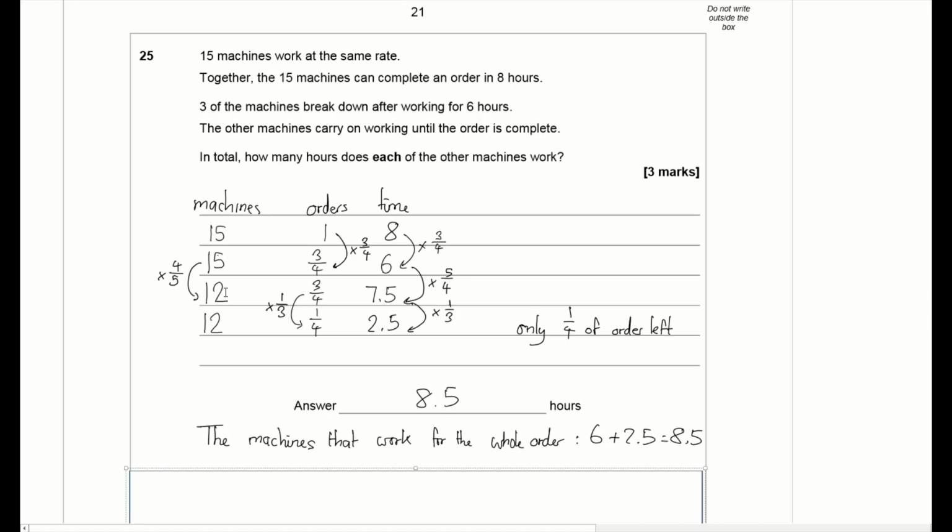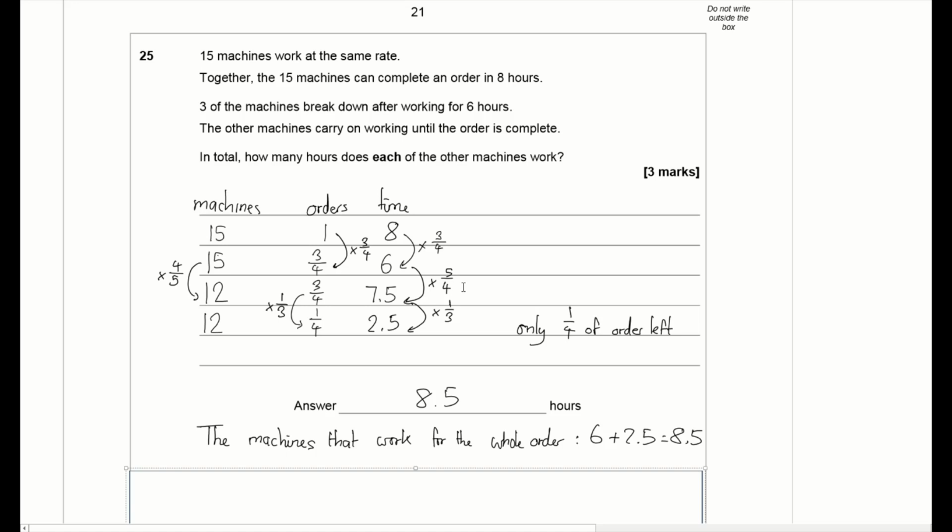So what multiplier have you used to get from 15 to 12? Well, it's where you're going, 12 divided by where you came from. 12 divided by 15, that's 4/5. However, we're changing the time that these machines work for now, and machines and time are inversely proportional. They do exactly the opposite. So you don't times by 4/5 on this side, you times by 5/4, which effectively is the same as doing the opposite.